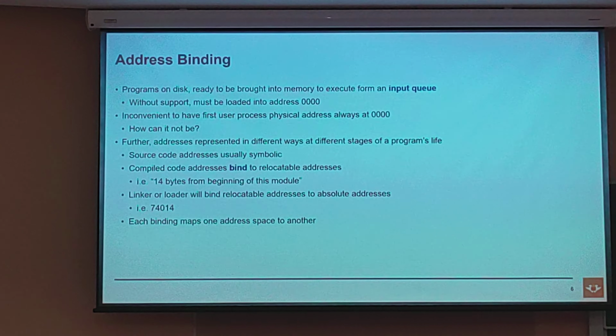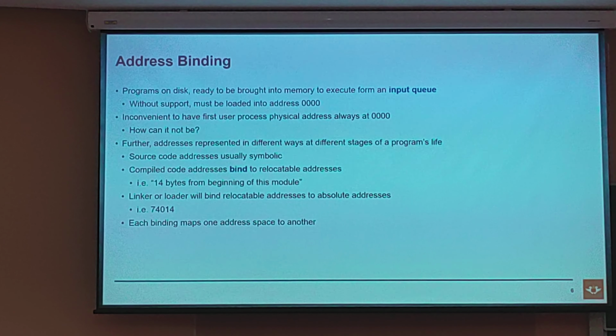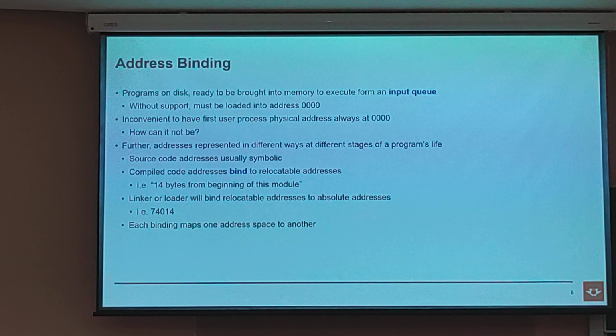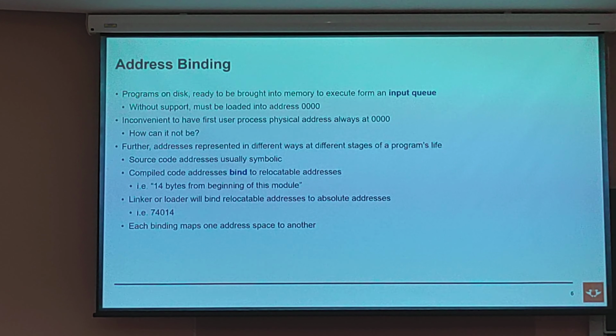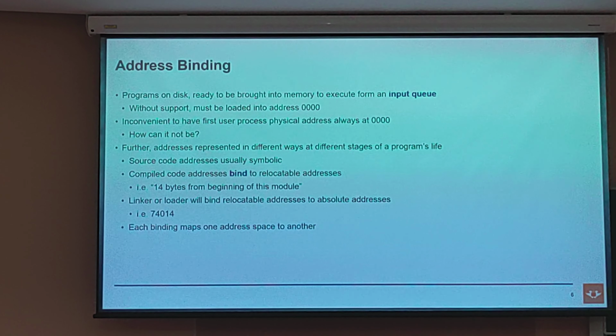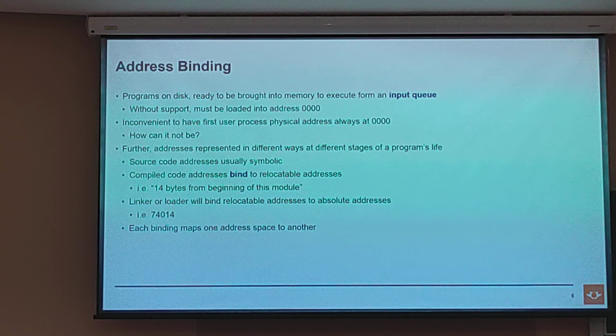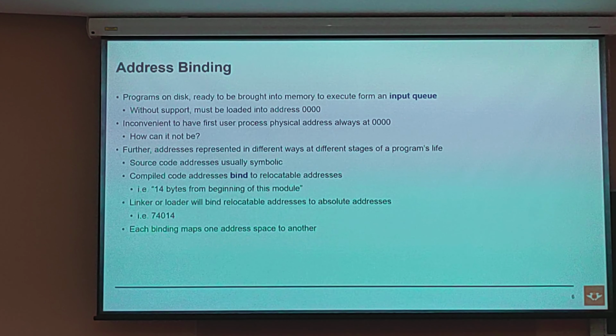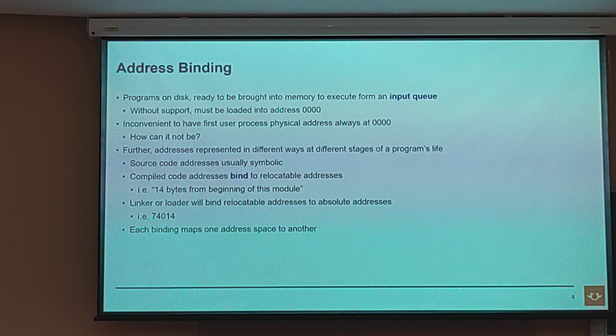Okay, programs on disk are ready to be brought into memory to execute, forming the input queue. That basically means that if we run a program, we have this input queue of places to put our process. Without any support, we would load it at address 0.